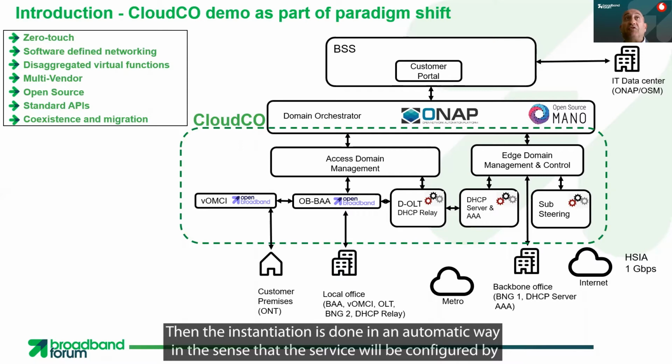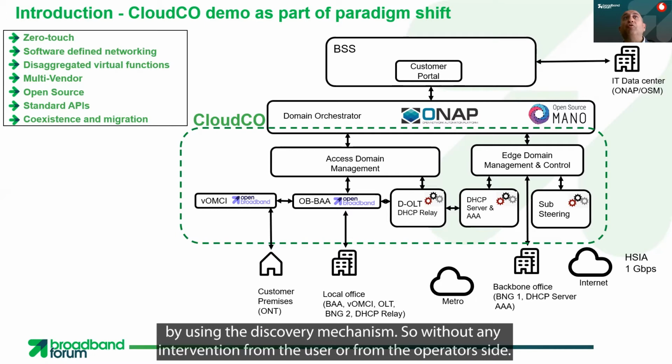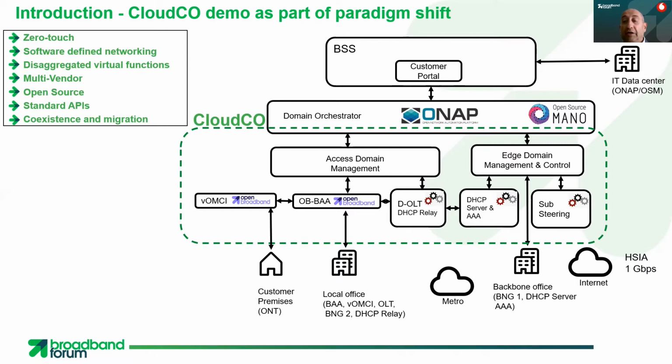The instantiation is done in an automated way in the sense that the service will be configured by using software-defined network. This means that the user and the services will be established by the network itself by using the discovery mechanism. So without any intervention from the user or from the operator side.